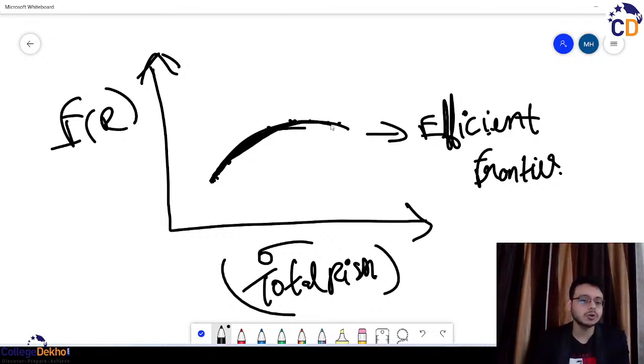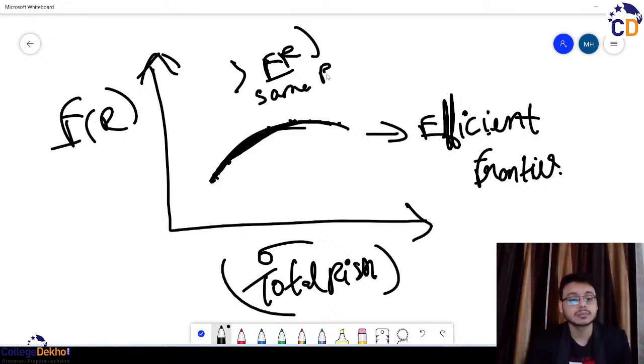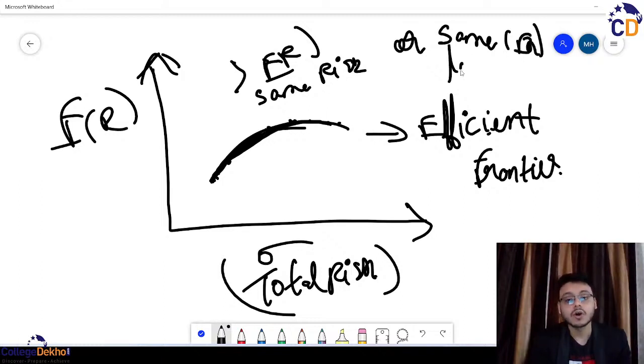Because what these portfolios are doing, they're giving you higher expected return for the same level of risk, or the same level of expected return for a lower amount of risk. ये दो scenarios हैं. जो भी सारे portfolios यहाँ पे होंगे, इस efficient frontier पर होने चाहिए.